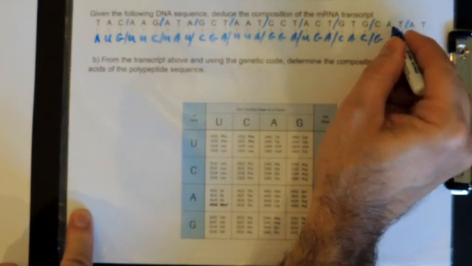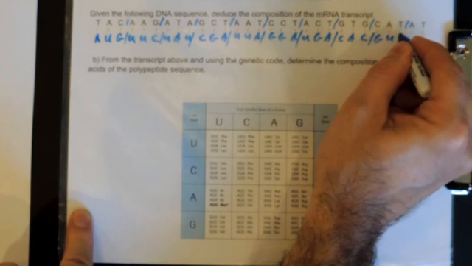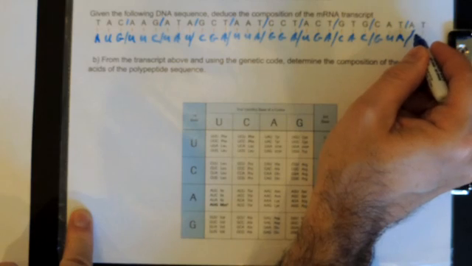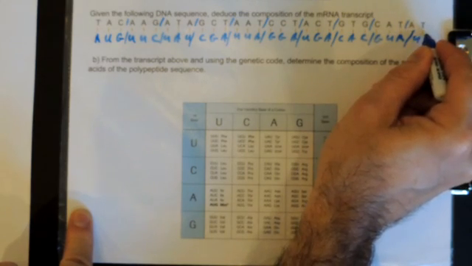We have a G, we have a U, and we have an A, and at the end we have a U and an A.